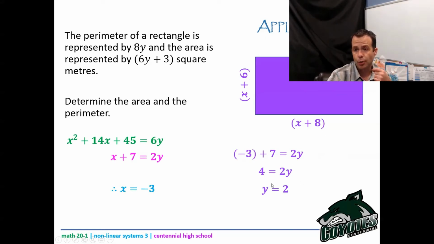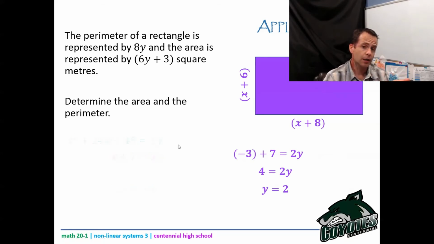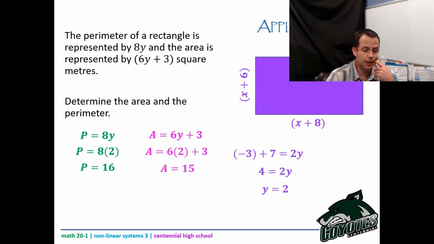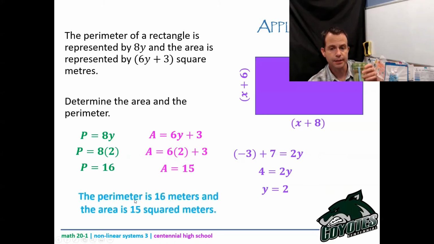Or now that I know y is 2, I could just go back and say, okay, the perimeter was 8y. So if the perimeter is 8y, that's going to give me 16. And the area was represented by 6y plus 3. So if I plug in 2 for that y, I get 12 plus 3, which is 15. Okay, so now I want to conclude the perimeter is 16 meters and the area is 15 square meters.